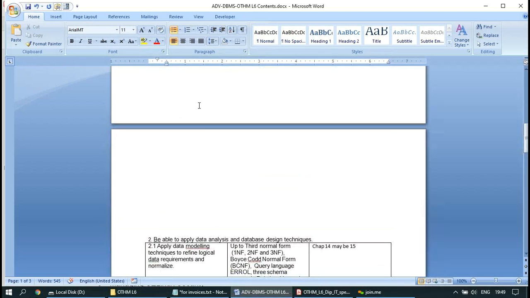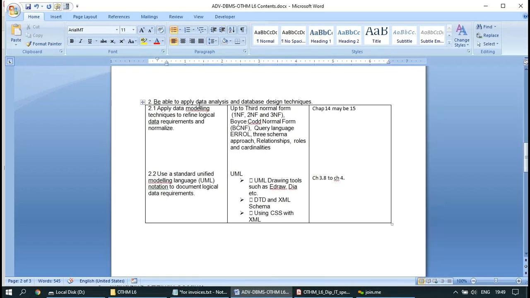So now today is applying data modeling techniques to refine logical data requirements and normalization. Normalization is basically optimizing the database design.